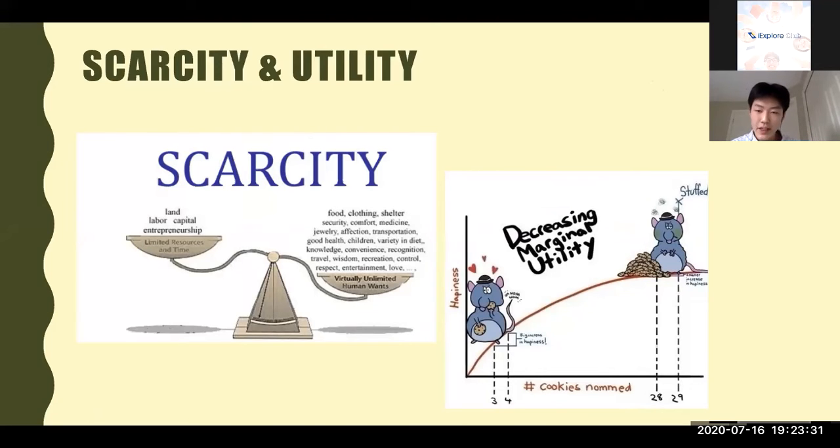So these elements basically mean the organisms and lives we have on Earth, which means land. Labor means human beings who can work, and capital means machines or properties we own. And entrepreneurship means leaders who can lead a company or many people in their corporation.